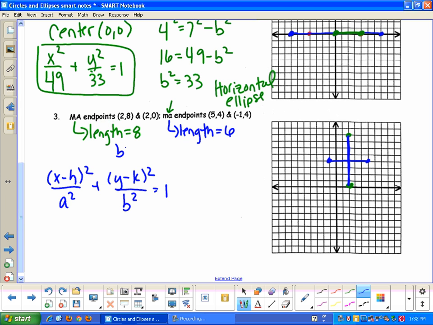So b is equal to 4. And then that means a would be equal to 3. So putting it into the equation, I can see the center of my ellipse because it's where the two are intersecting here. So I know that the center is at 2, 4.